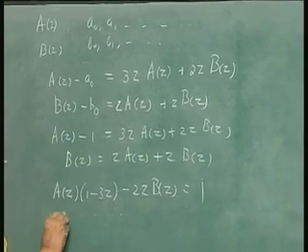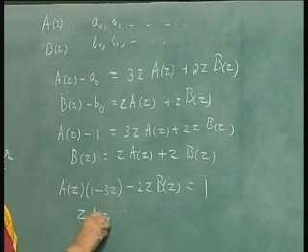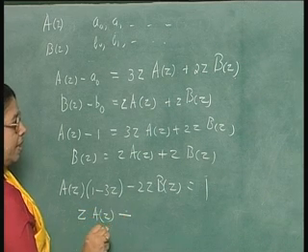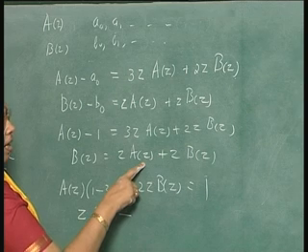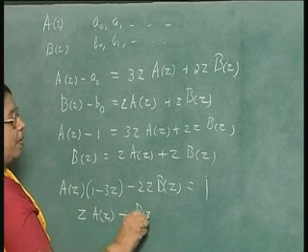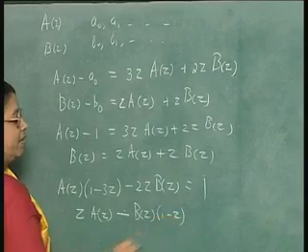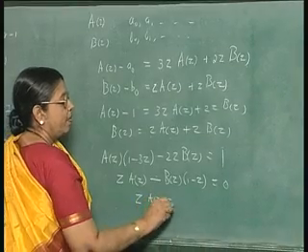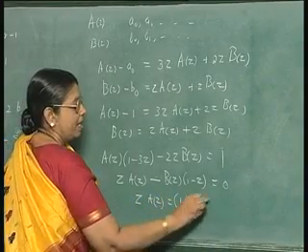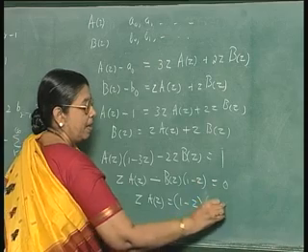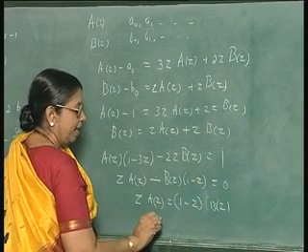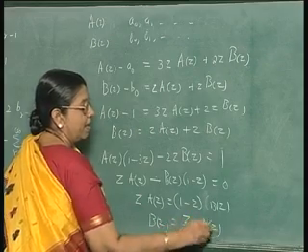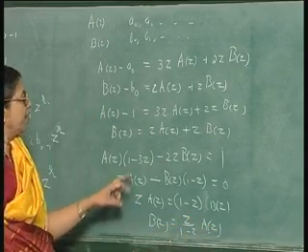Second equation becomes z A(z) minus B(z) into 1 minus z equal to 0, or z A(z) equal to (1 minus z) B(z), or B(z) is equal to z by 1 minus z A(z). Make use of this in the first equation.